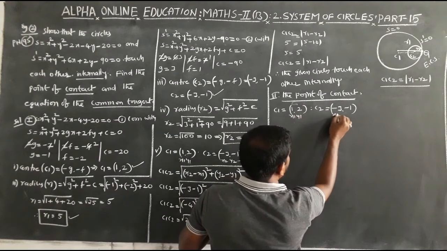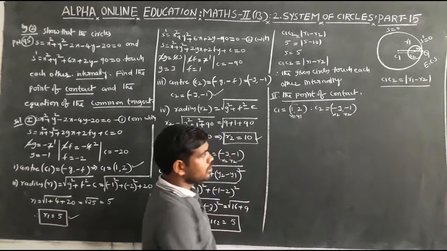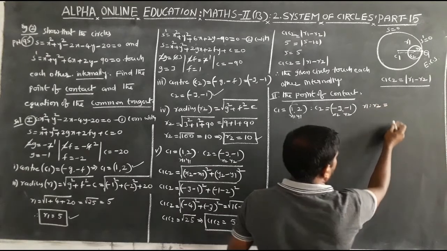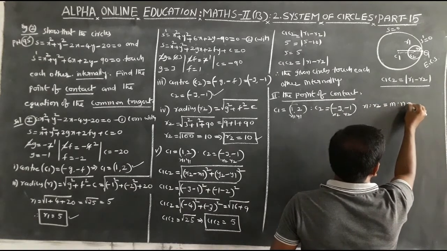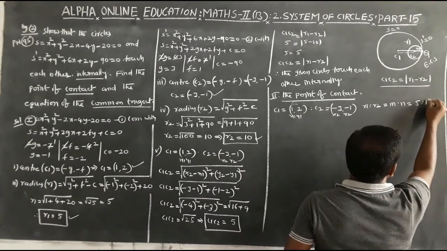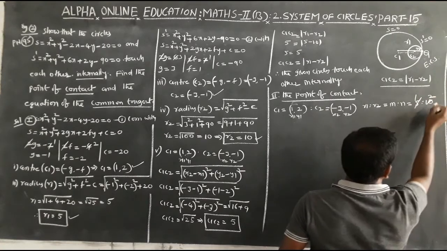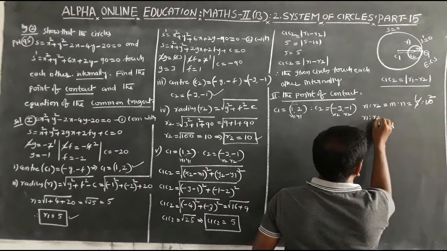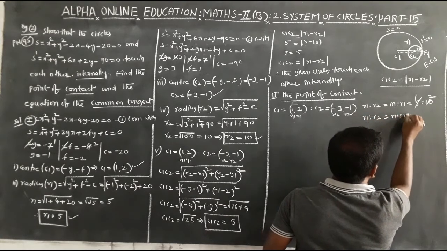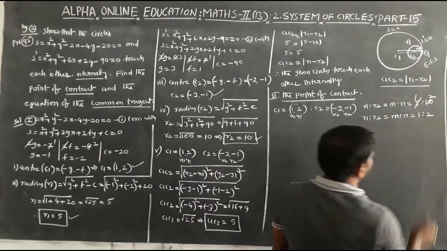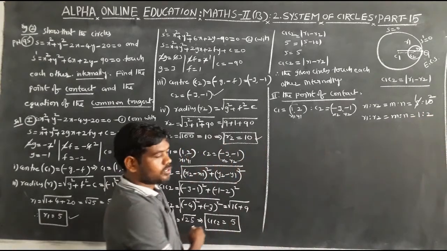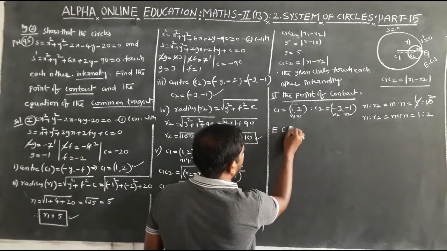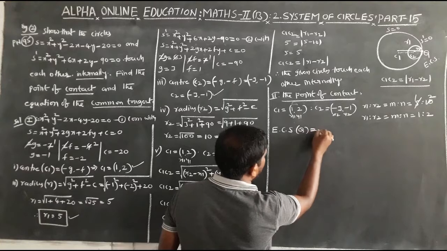Let C1 be (x1, y1), C2 be (x2, y2). Here R1 is to R2 is equal to m is to n, which is 5 is to 10, that is 1 is to 2. The point of contact is called the external center of similitude.